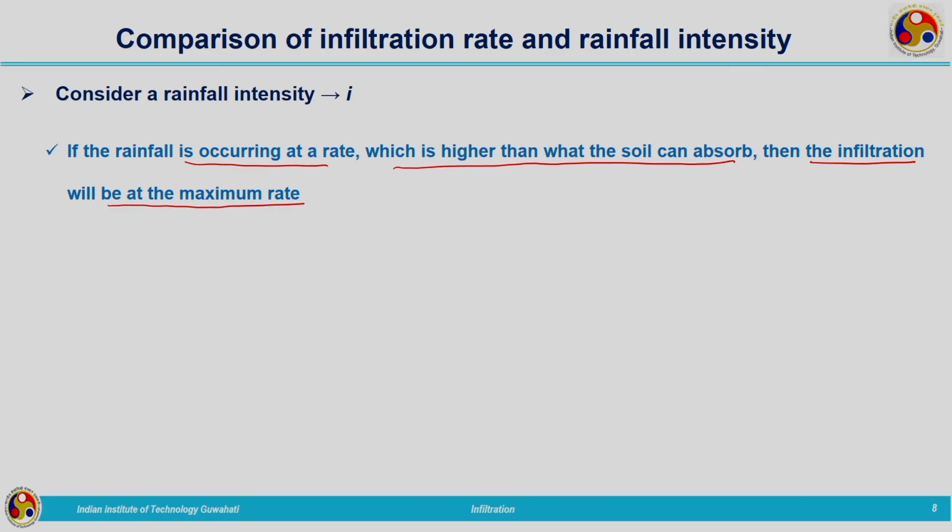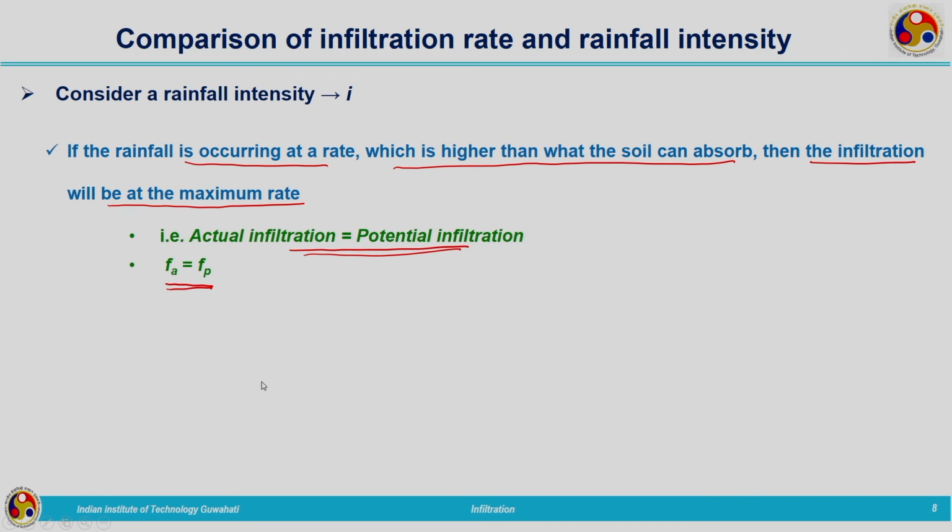In such case we can tell that the actual infiltration is equal to potential infiltration. We are having maximum amount of water available from the rainfall, so that the maximum infiltration capacity can be satisfied. So, in that case actual infiltration will be the maximum infiltration rate, which is nothing but our potential infiltration. So, we can write FA is equal to FP in that case.